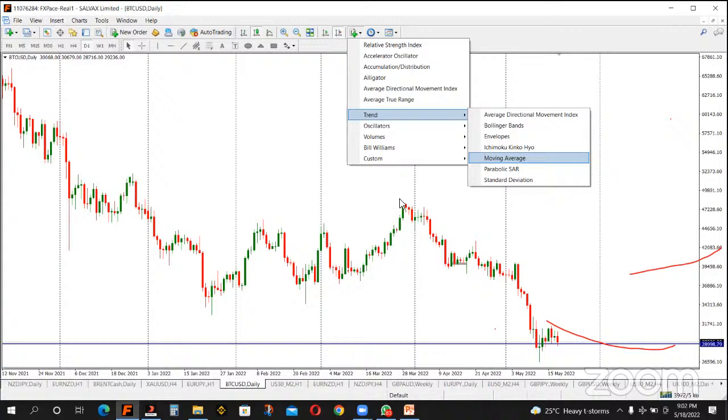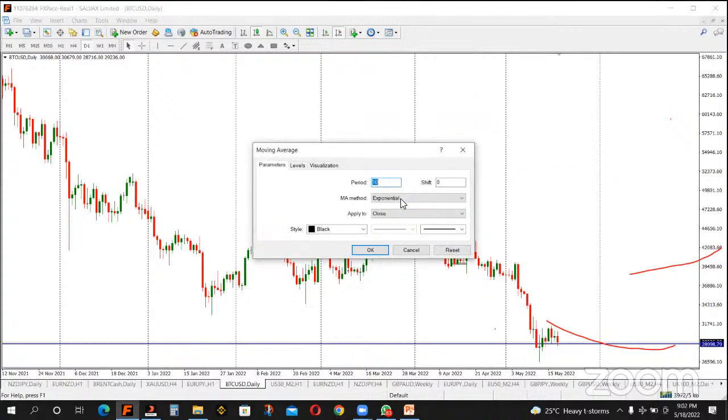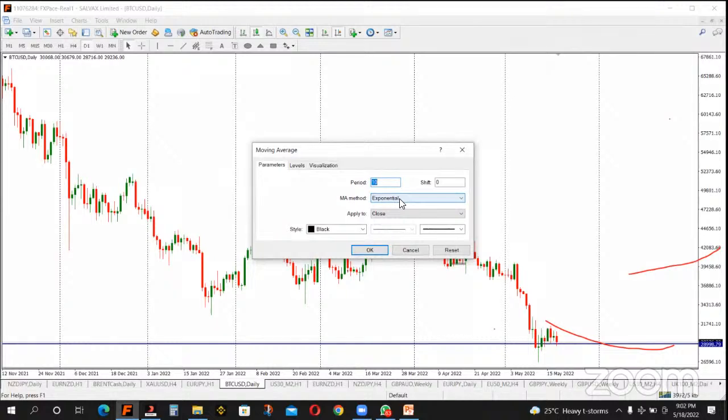Once you click on the moving average, you see this one is period 10. And I told you we'll have 4 types of moving average: exponential moving average, simple moving average, smoothing moving average, and linear weighted moving average.